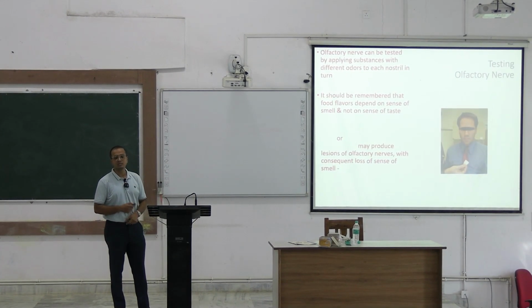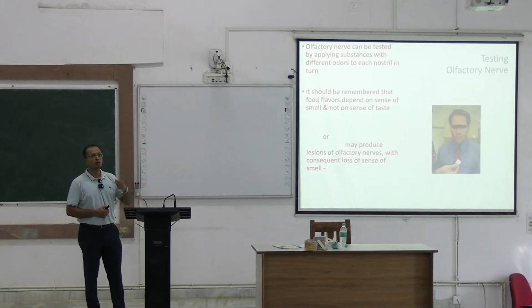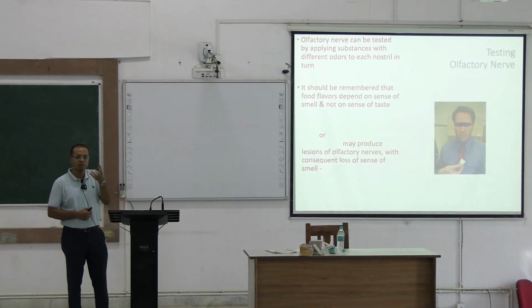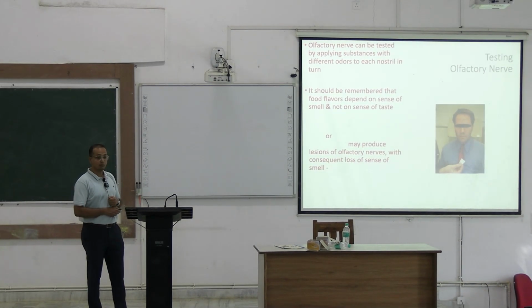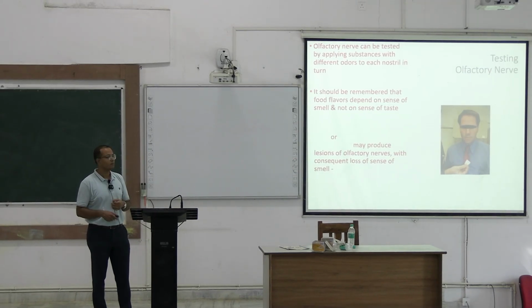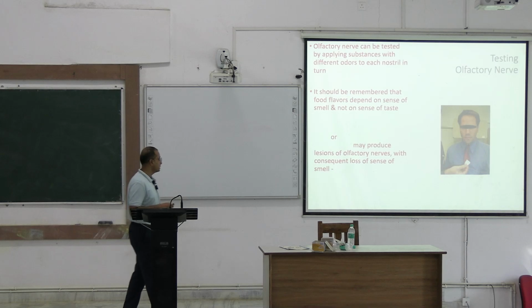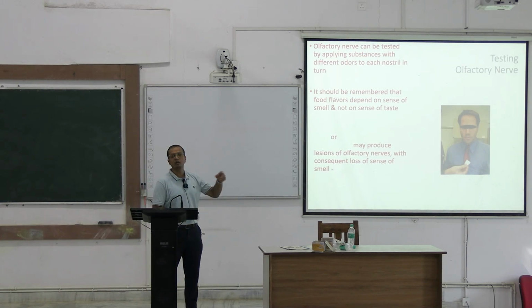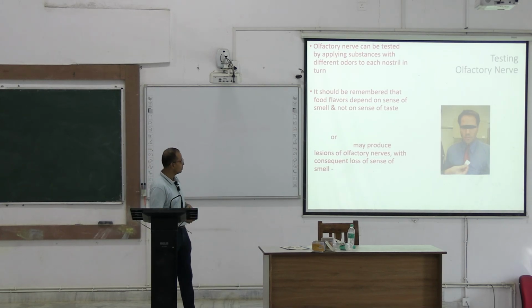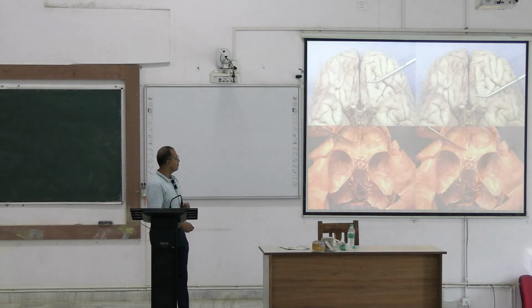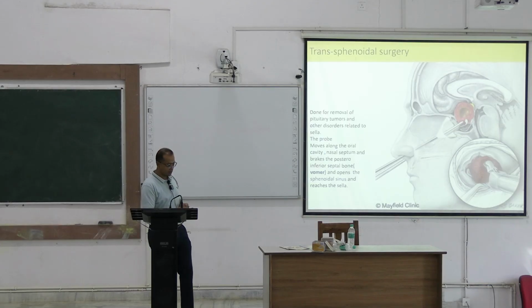Either you close one nostril, give a familiar smell to that individual and ask, smell it, yes or no, and then do it on the other nostril, so that we can test the olfactory nerve individually, right side and left side accordingly. So this is all about the nasal mucosa related to it.